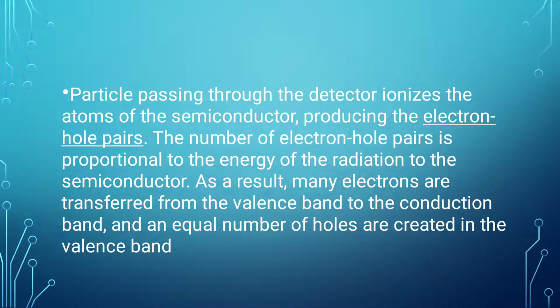Second point is a particle passing through the detector ionizes the atoms of the semiconductor, producing electron hole pairs. The number of electron hole pairs is proportional to the energy of the radiation absorbed by the semiconductor. As a result, many electrons are transferred from the valence band to the conduction band, and an equal number of holes are created in the valence band.